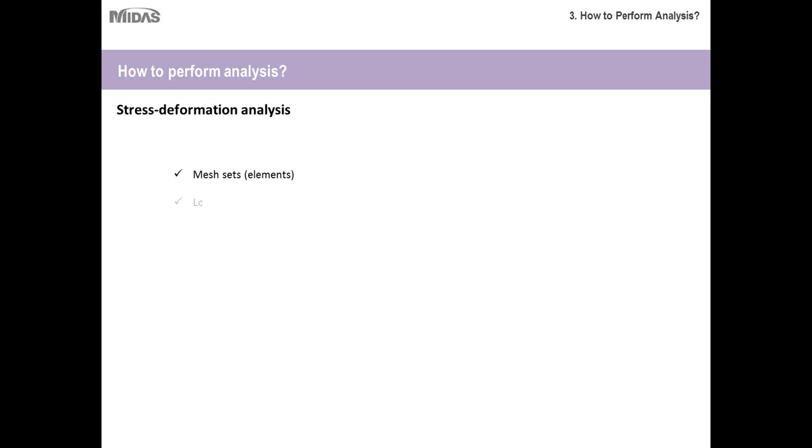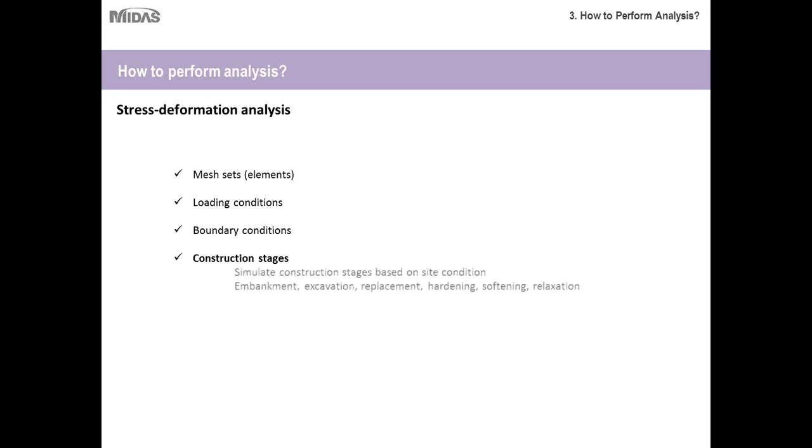The first step, you create geometry and do the meshing through discretization. Then you apply the loading conditions, you define the boundary conditions, and then you apply construction stages. So this is something different that we have not covered in this session today. So what I'll do is talk about this a little more.